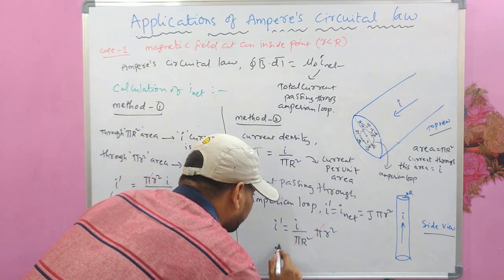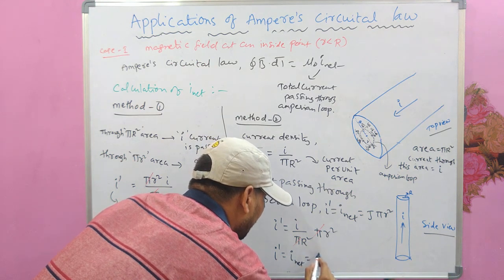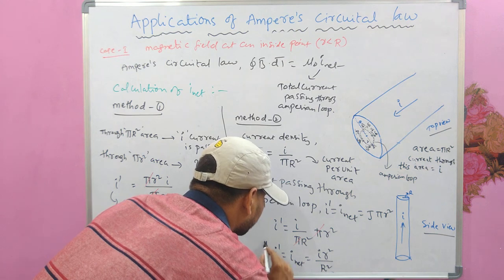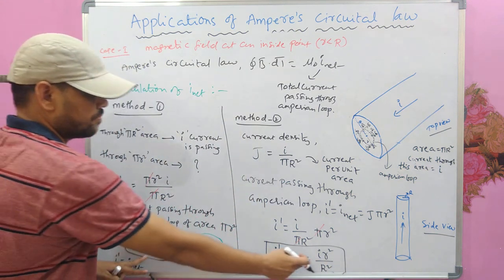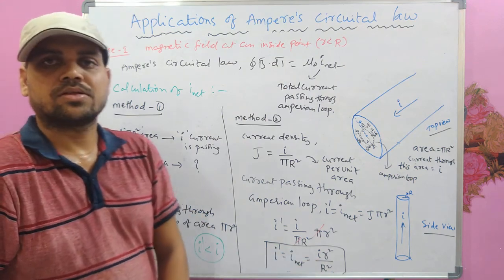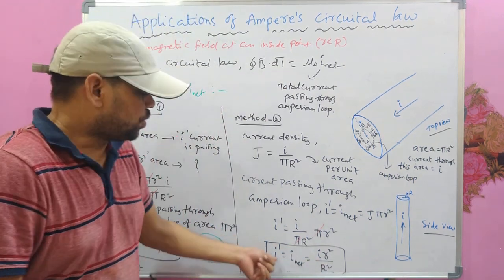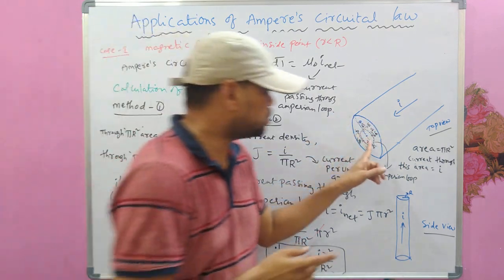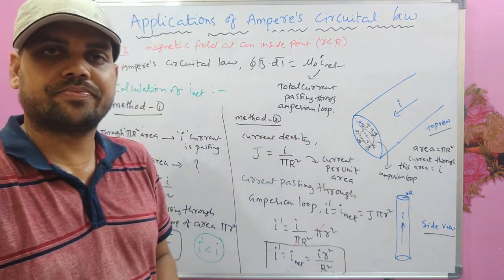We get I prime equal to I net equal to I r square by R square, same as here. So in these two ways we can calculate the total current passing through the Amperian loop, which is passing through the point where we are finding the magnetic field.